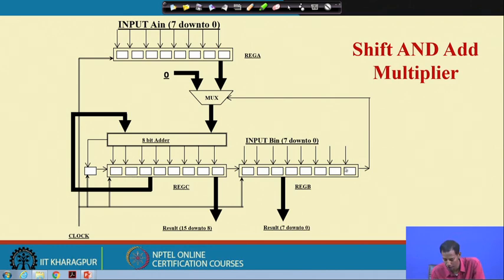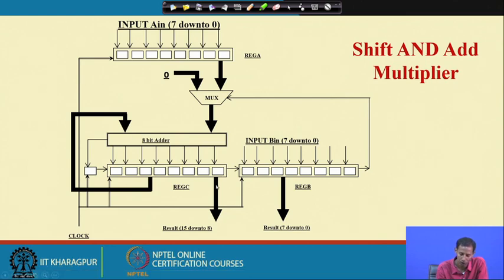That bit will come over here and it will choose 0 instead of A. Then 0 is one input and the other is connected to the feedback. So now it is 0 plus 0, and this 0 will be stored over here.